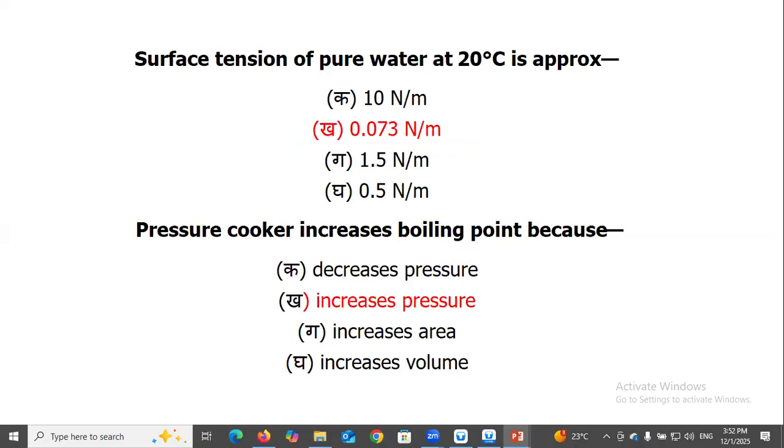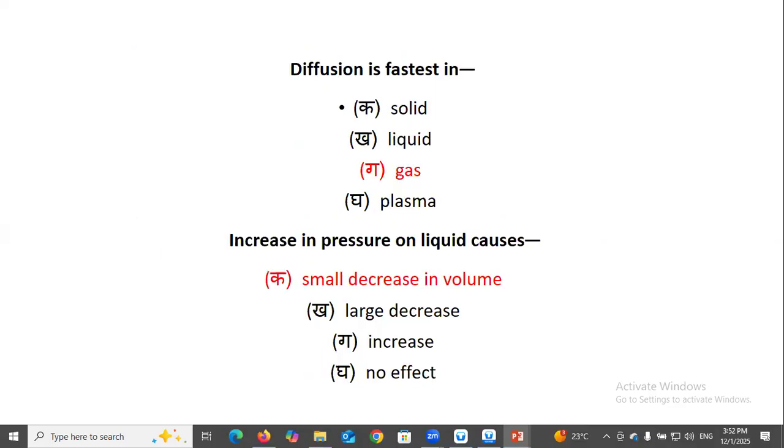Surface tension of pure water at 20 degrees Celsius is approximately 0.073 Newton per meter. Pressure cooker increases boiling point because it increases pressure. Diffusion is fastest in gas. Increase in pressure on liquid causes small decrease in volume.